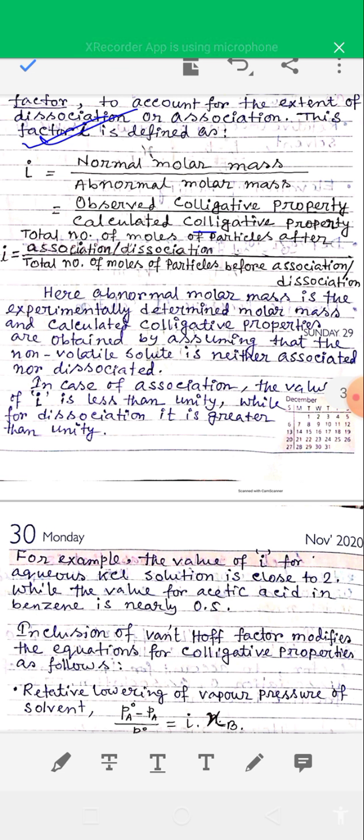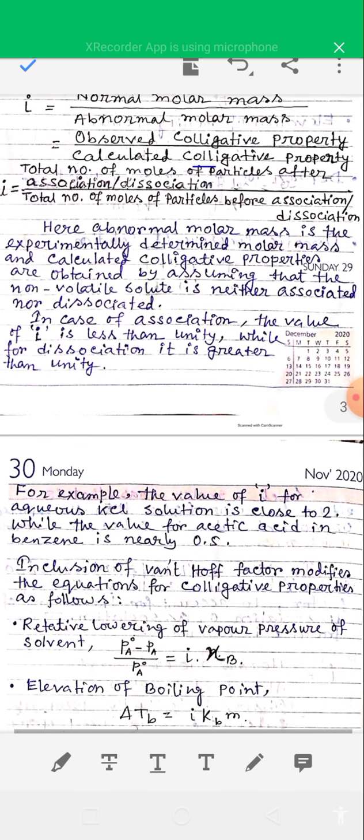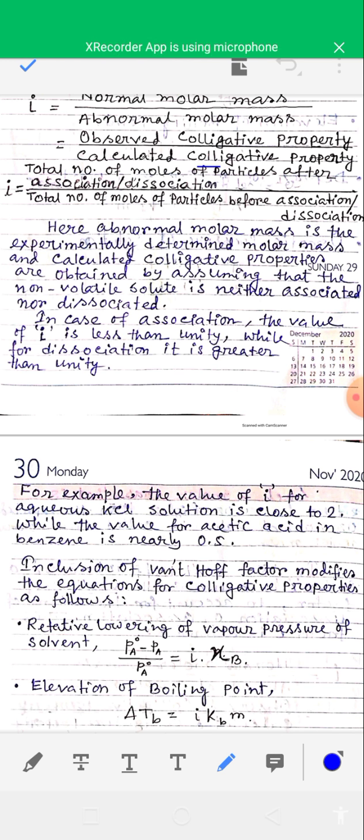Here, abnormal molar mass is the experimentally determined molar mass, and calculated colligative properties are obtained by assuming that the non-volatile solute is neither associated nor dissociated. In case of association of solute, the value of the Van 't Hoff factor i is always less than 1, and in case of dissociation, it is always greater than 1.